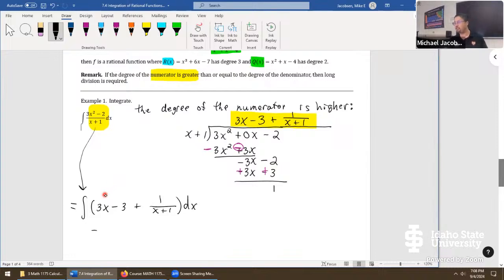Going left to right, the antiderivative becomes 3 halves x squared minus 3x. And now we need the antiderivative here. Any volunteers for what that one should be? Absolutely, good call. Plus natural log, absolute value, x plus 1.